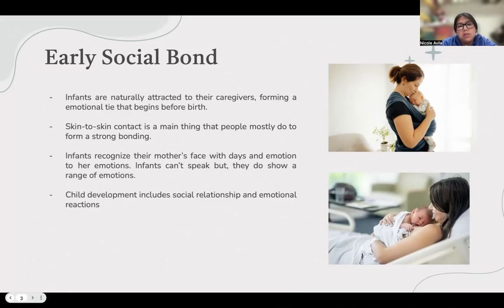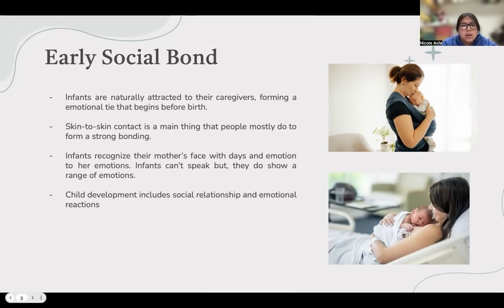Early bonds are really important because that's how you start to develop trust and security for the child so they know that they're safe, and that's how you gain their trust.